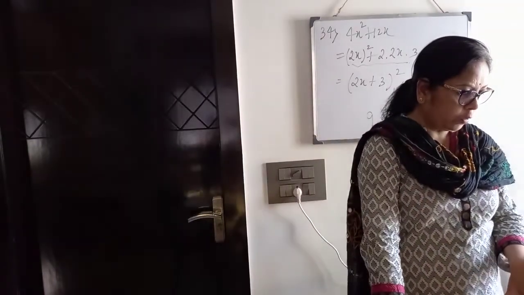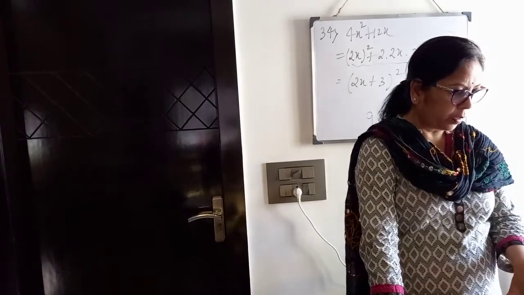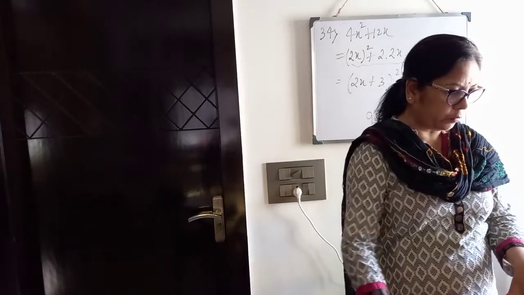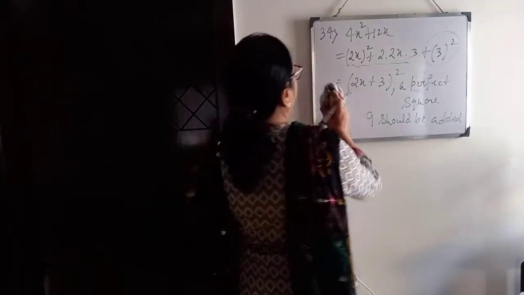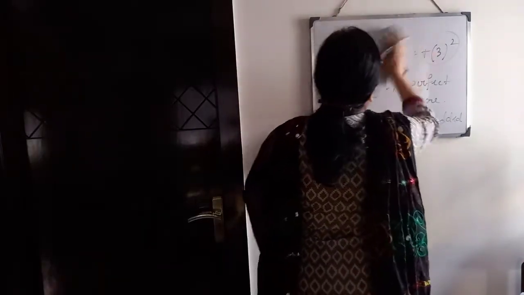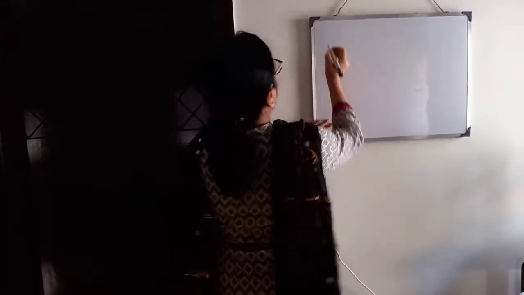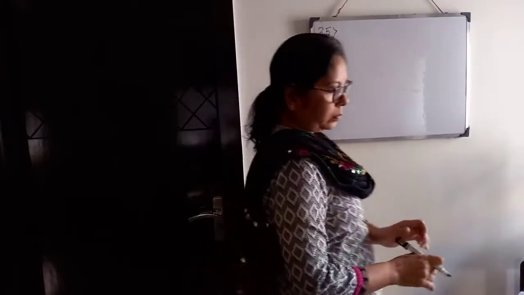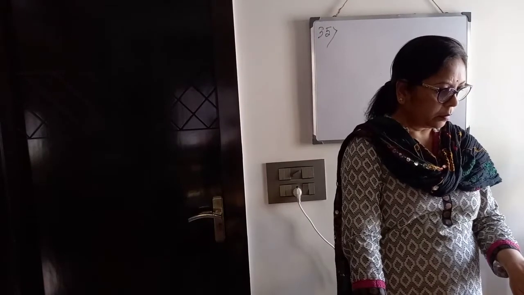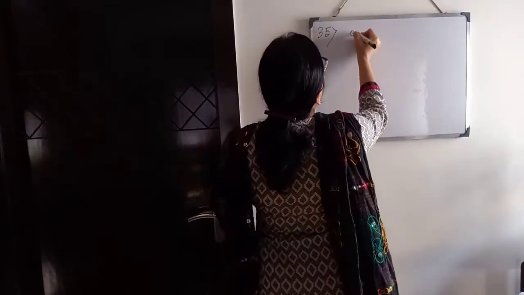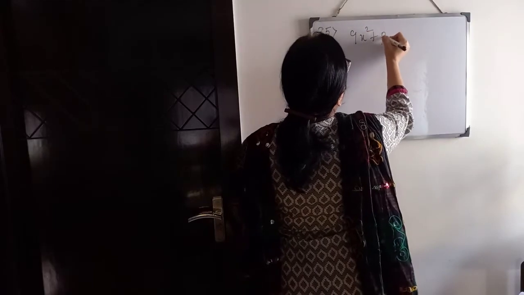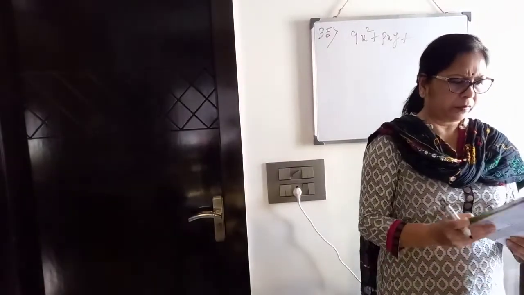Next, find the value of p for which the expression is a perfect square. Okay, 35, you will give a star mark. It is different, right? 35. 9x square plus pxy plus 25y square.